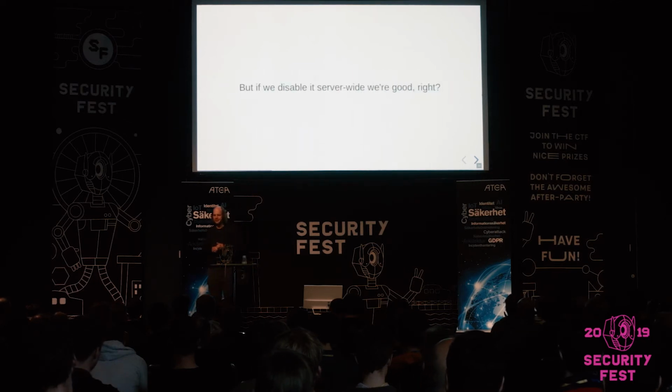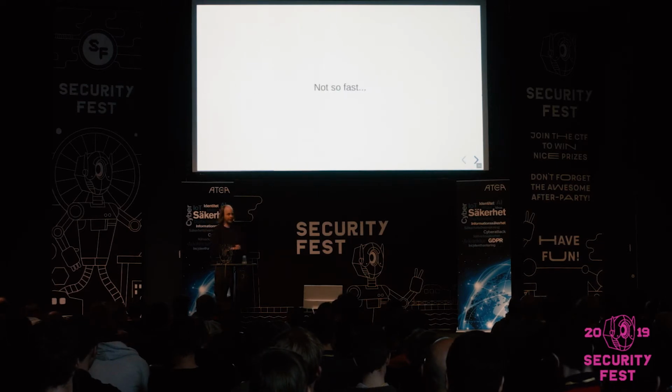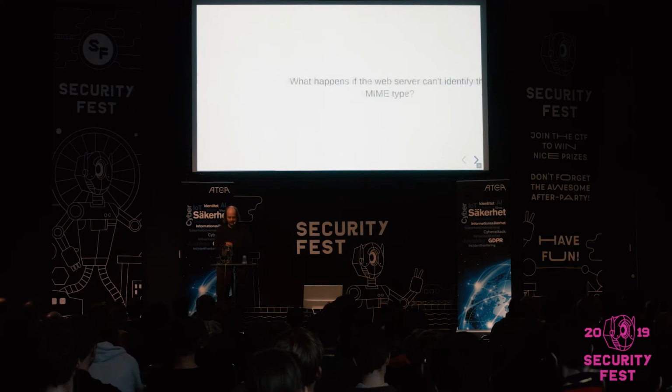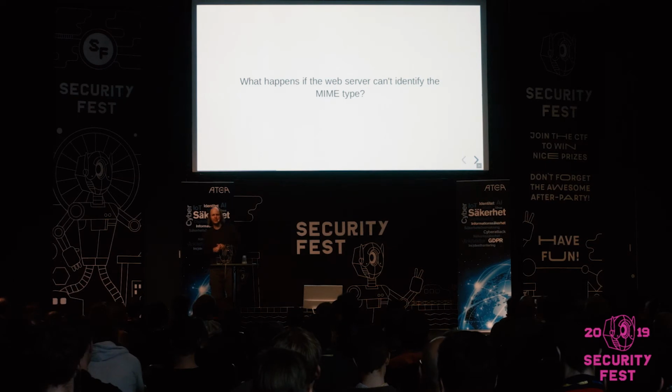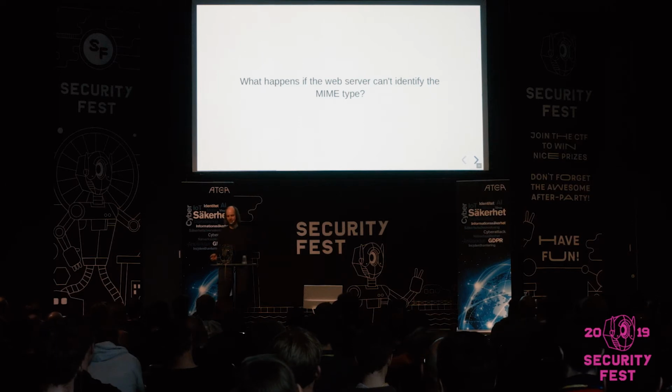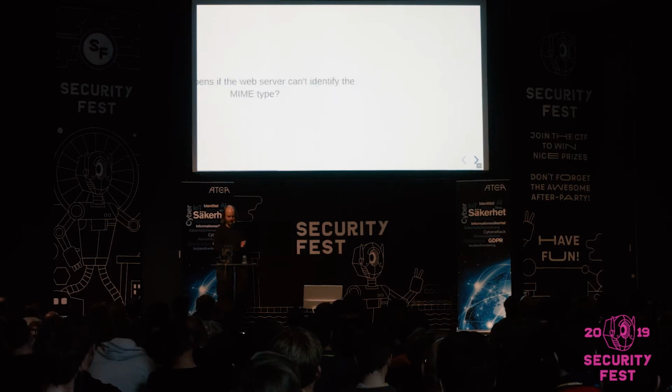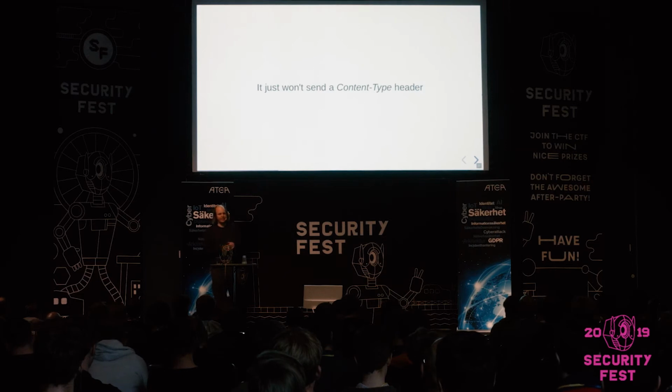But if we disable it, then we're kind of good, right? Well, unfortunately not. Because what happens if the web server cannot identify the MIME type, like it cannot identify it based on the MIME types file, and we have disabled mod MIME-magic, so it doesn't try to guess it. It will just send the file without a content type header.